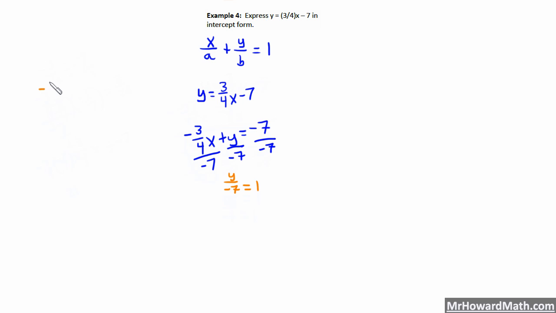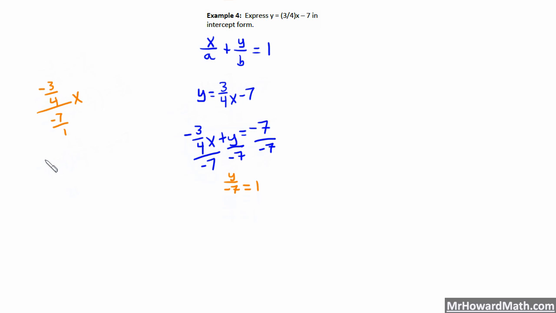So really what I have here is negative 3/4 divided by negative 7, and then I can put that over 1 so that we have a fraction divided by a fraction, and we can work with that. And we have negative 3/4 divided by negative 7 over 1, and then x. So when we divide fractions, remember we just flip and multiply.